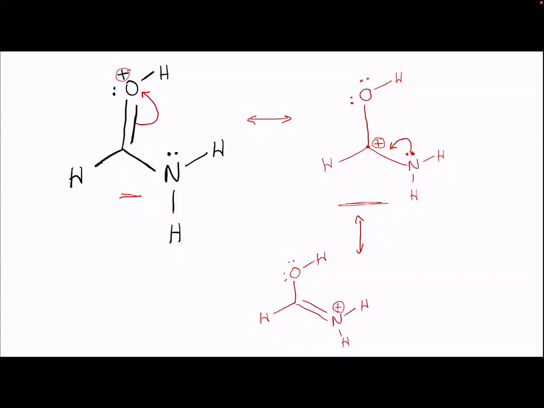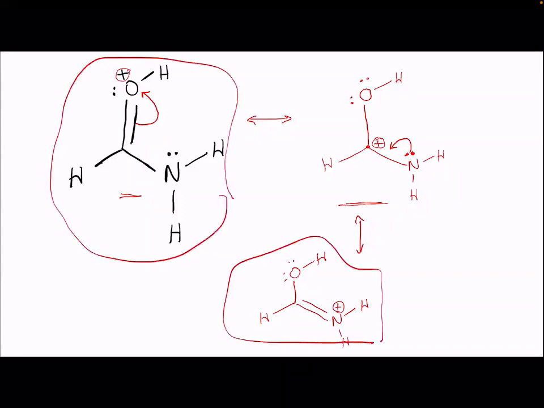What I've done here is move the lone pair of electrons to form a double bond, so I formed another covalent bond. I increased the number of covalent bonds, and I moved the formal charge onto the nitrogen atom. Comparing this to the original structure that we started with, we find that this is a major contributing structure because the positive charge resides on the nitrogen atom and not on the oxygen atom.